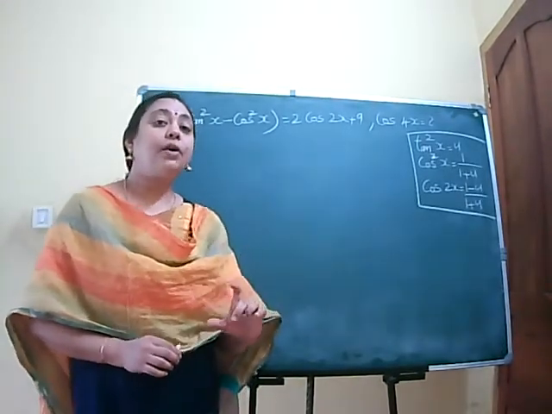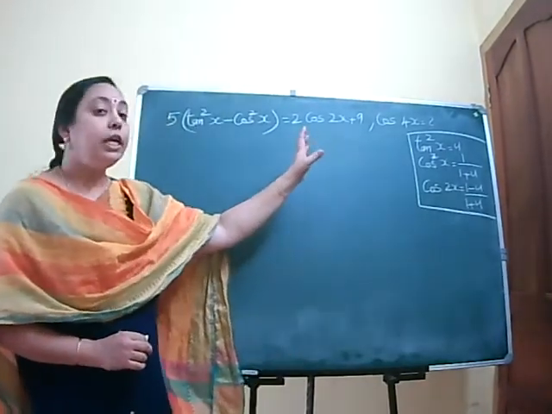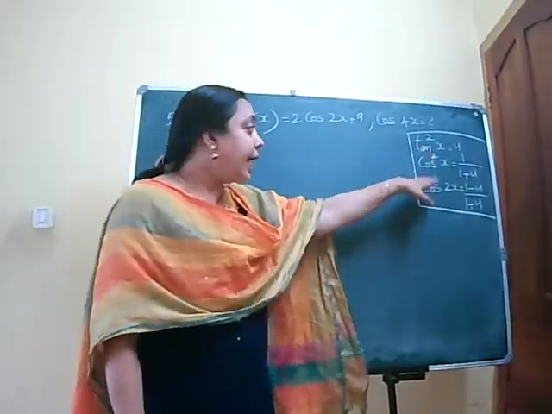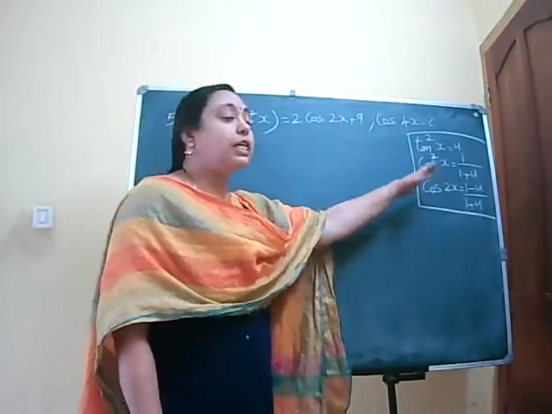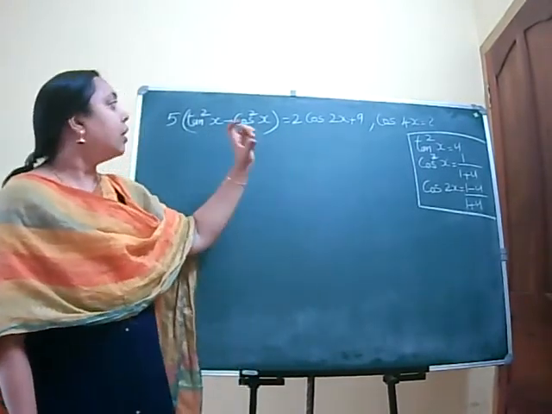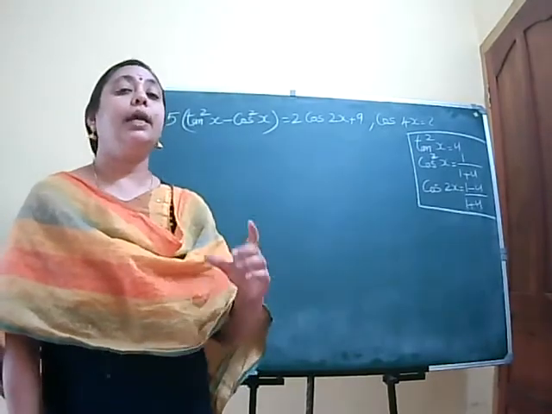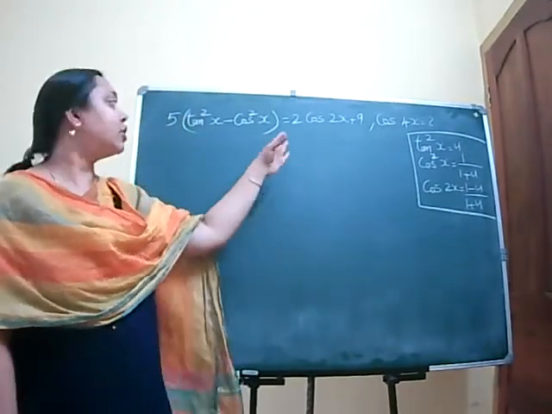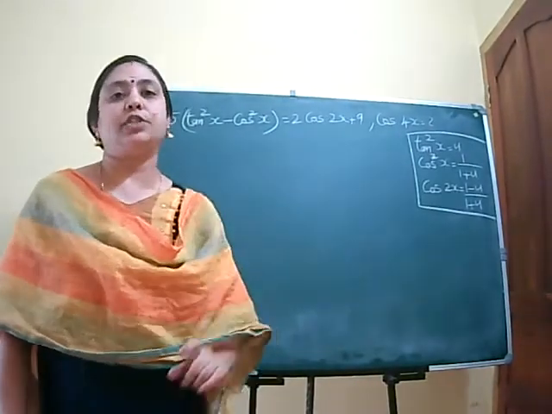So we have converted all these trigonometric functions into the terms of tan square. Now substitute all these expressions in this equation, and on simplifying we get a quadratic equation in the terms of tan square. Then just solve it, we get the value of tan square.